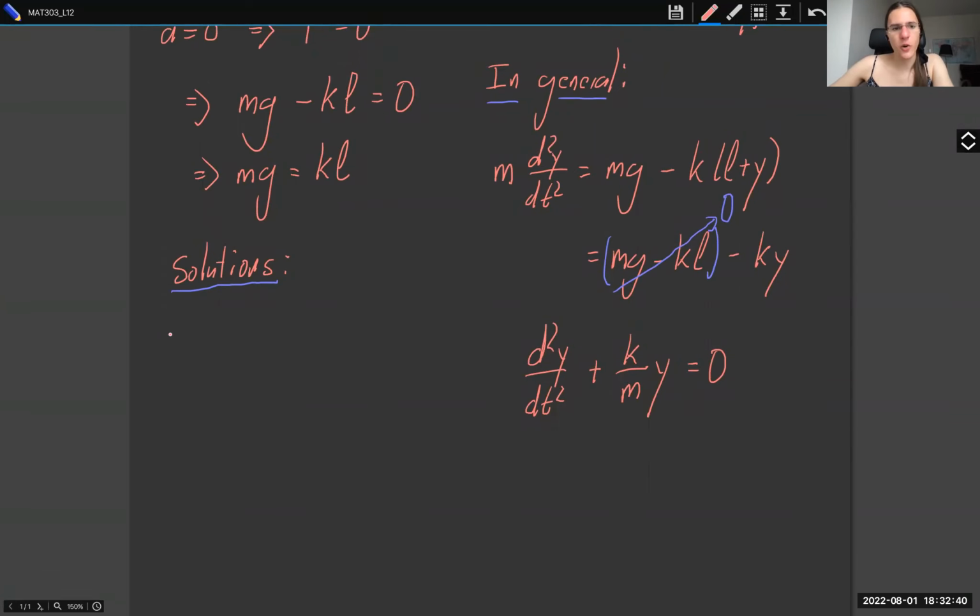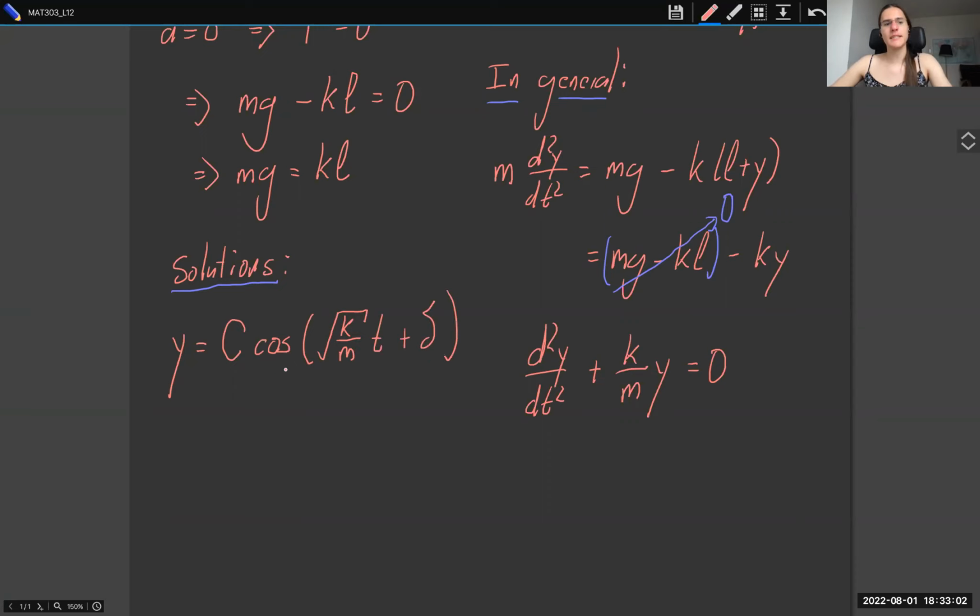So the solutions are going to be y is equal to some amplitude c times cosine of square root k over m t plus delta.